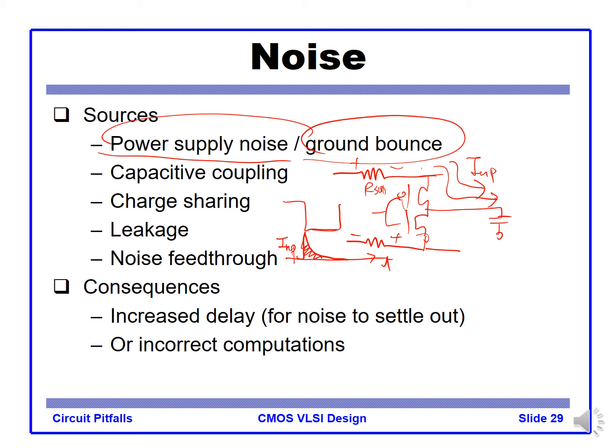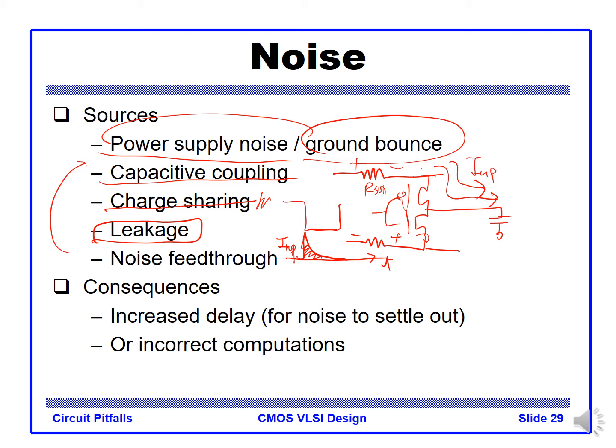There's also the capacitive coupling issue and the charge sharing issue in domino that we already looked at, and also leakage current, and also noise feed-through. Any feed-through from capacitive coupling might cause design failure.